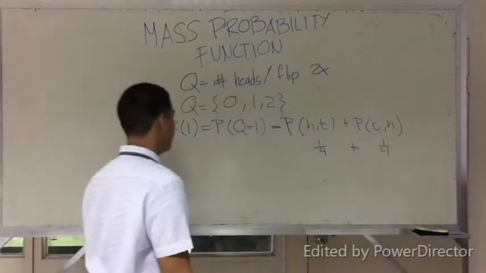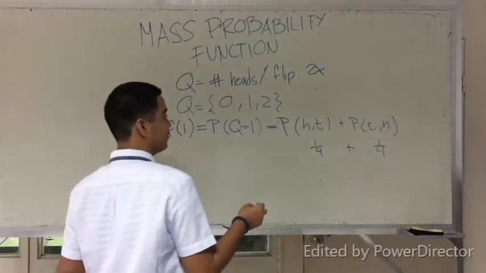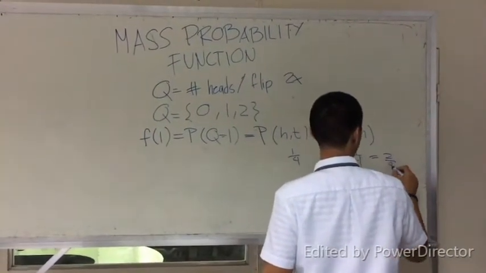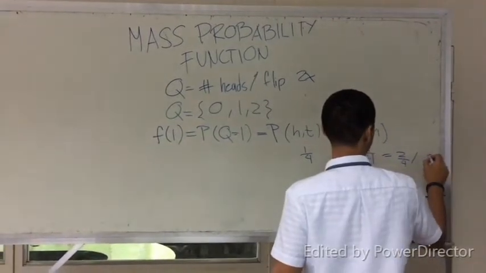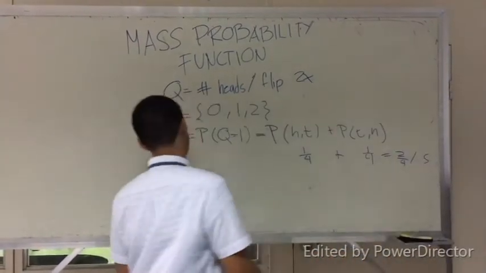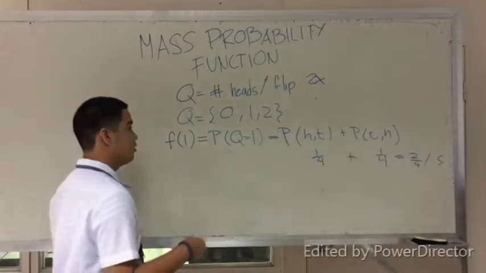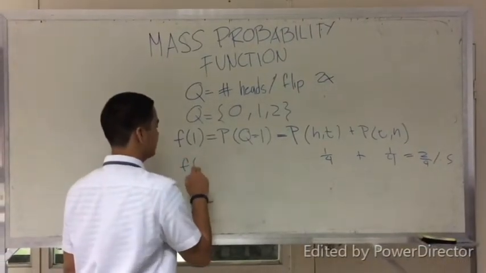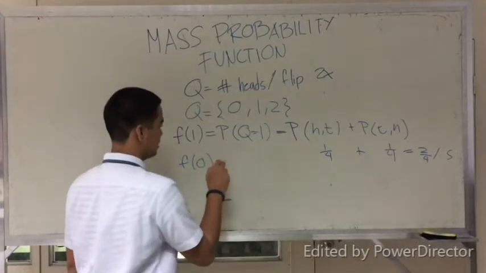So the probability of having one head up is 2/4, or 0.5.